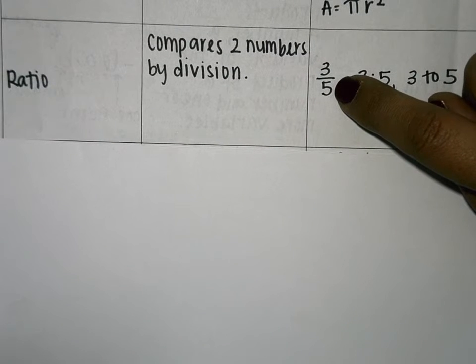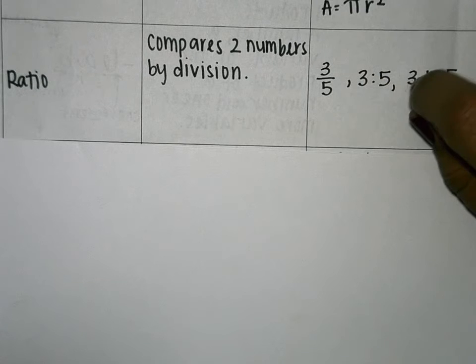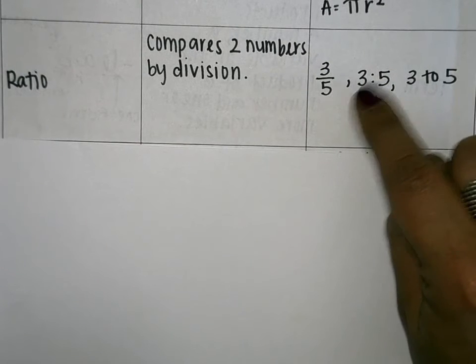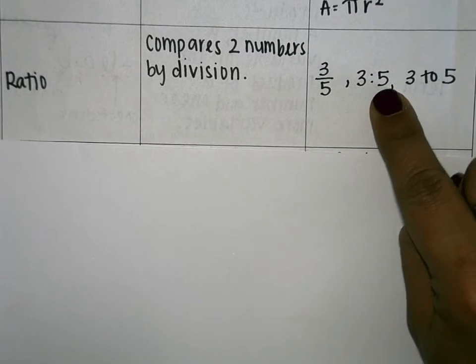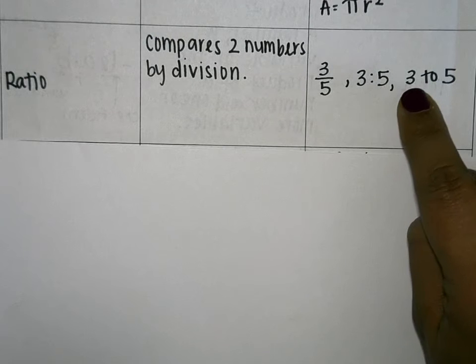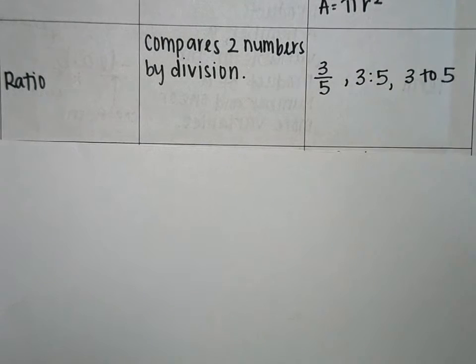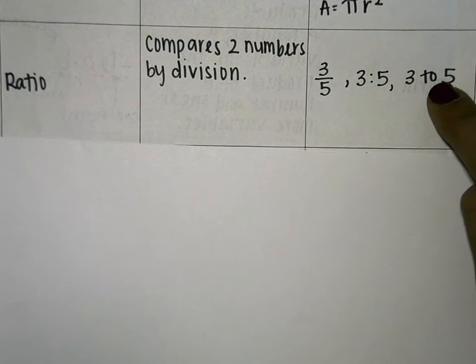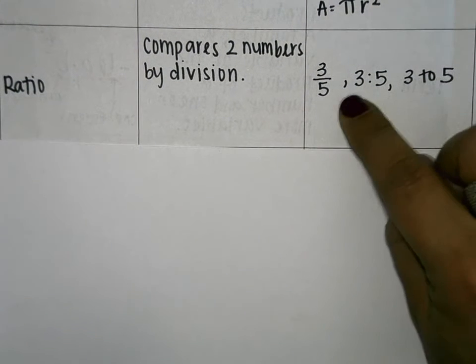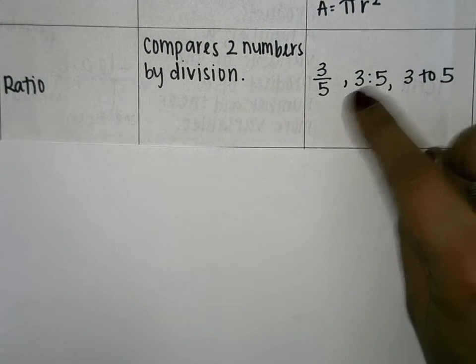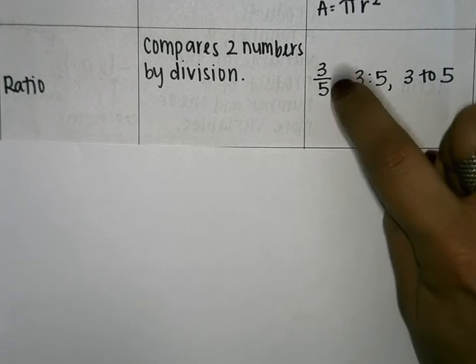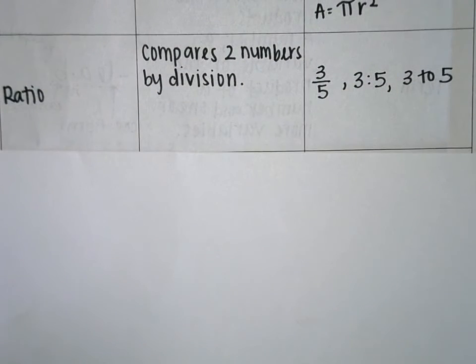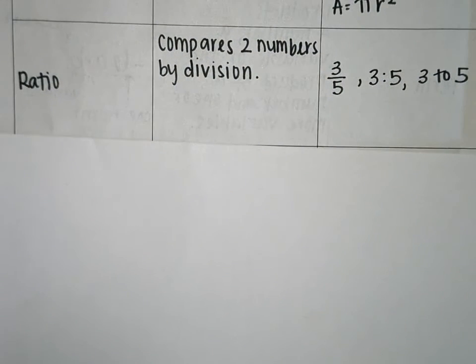We can also write ratios with a colon, so 3:5. So if we're talking about a ratio 3:5, we can also write that 3:5, or 3/5. But they all mean the same thing.